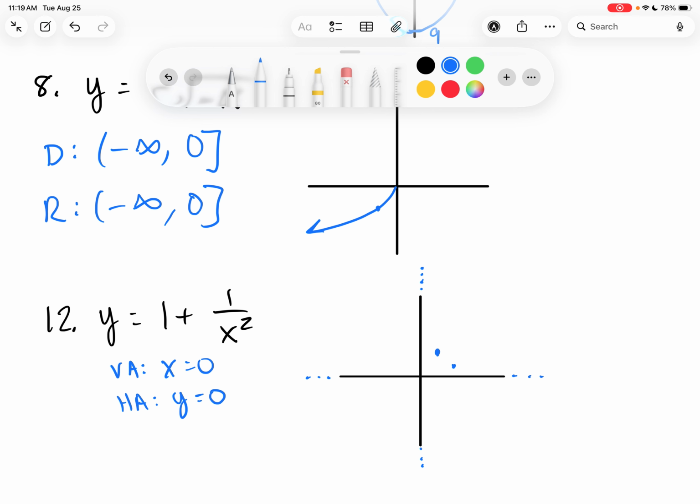When x is 3, y is 1 1/9. So basically getting an idea that it looks something like that on this side. Which kind of makes sense for what I would think that it looks like.